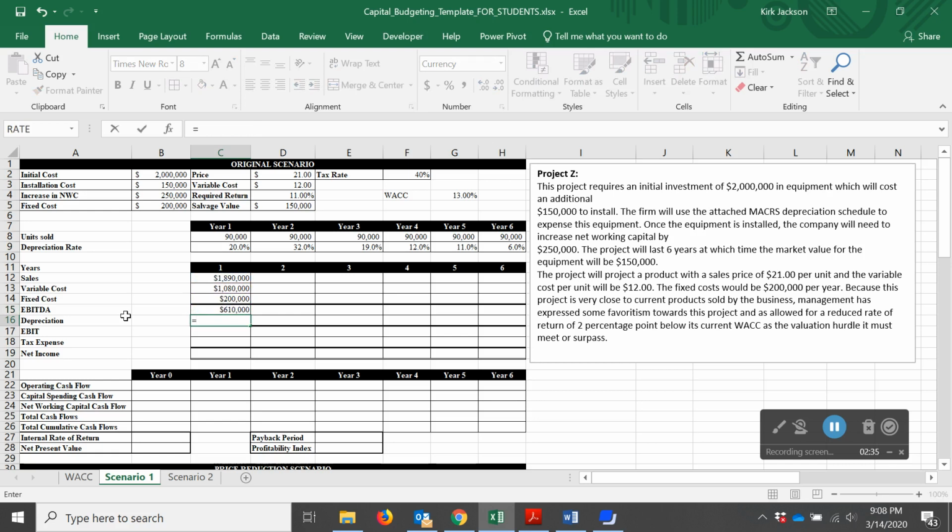Then depreciation, what I would need to do is identify the depreciable amount. One way that I could do that would be to actually look at the capital spending outflow in year 0, which would be the $2 million plus the installation cost.